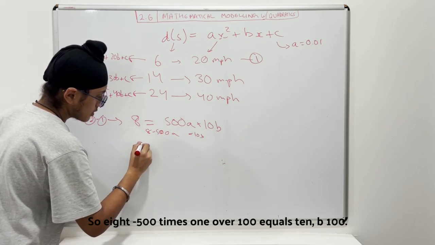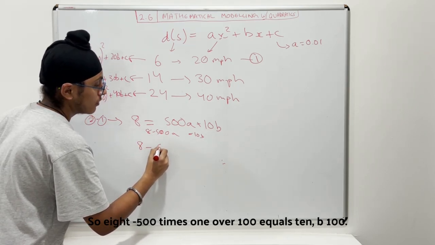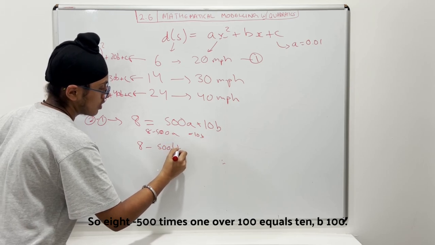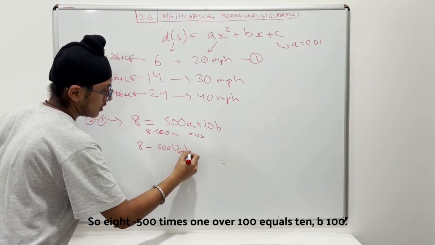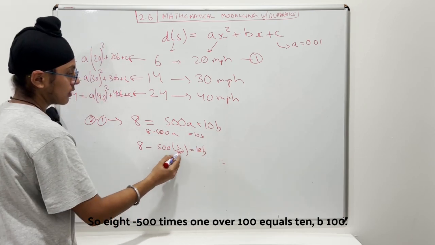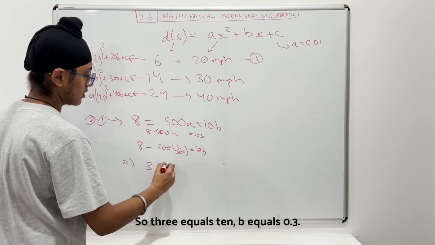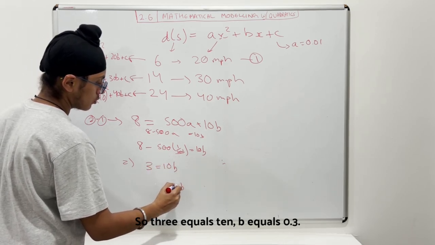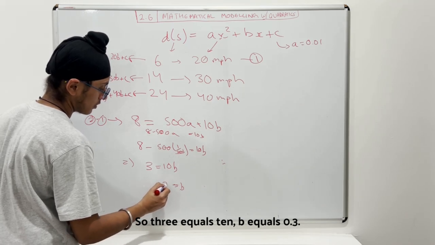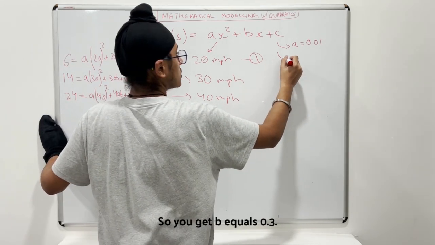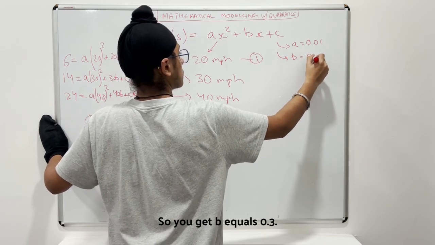So 8 minus 500 times 1 over 100 equals 10b. 100, 100, so 3 equals 10b. b equals 0.3.